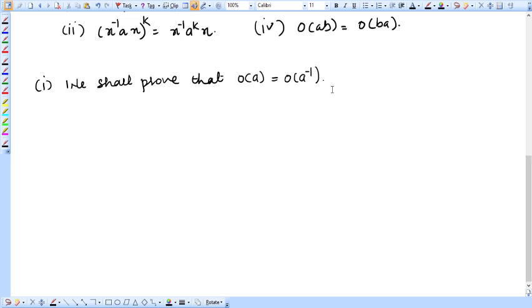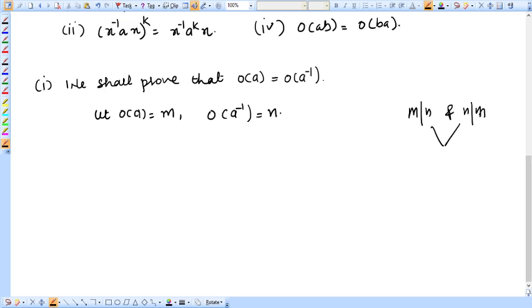Let order of A be equal to M and order of A inverse be equal to N. So how we are going to prove this? We are going to prove this by proving that M divides N and N divides M. This implies N is equal to M. So see here, from this statement, since order of A is equal to M, we will be checking what is A raised to power N.